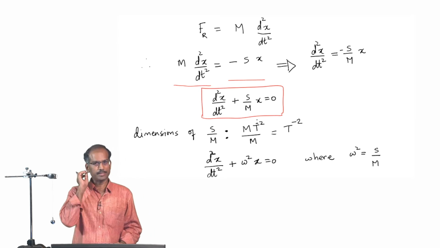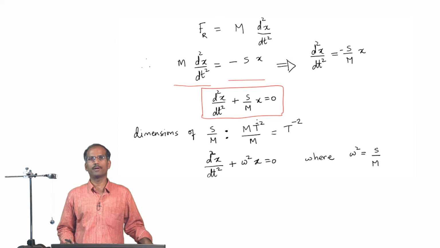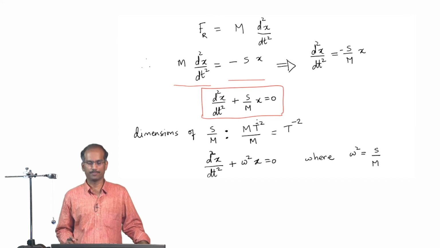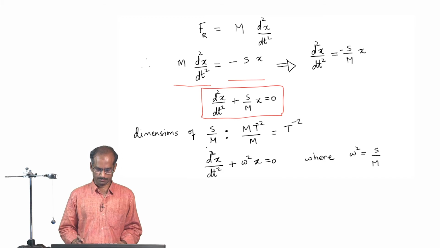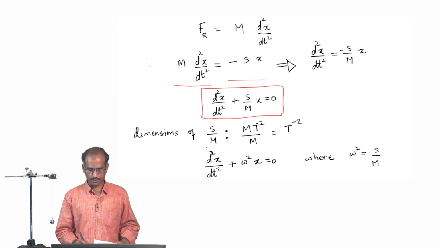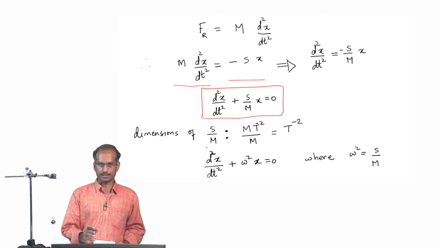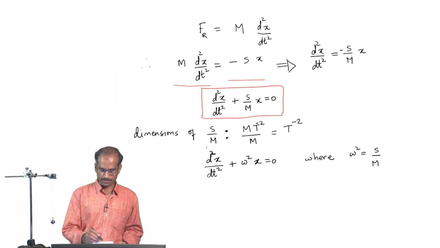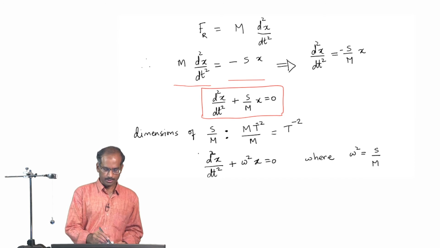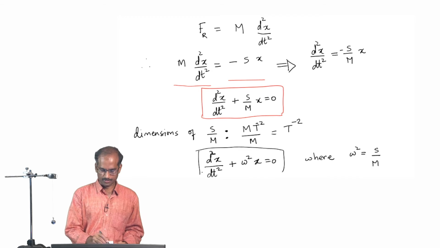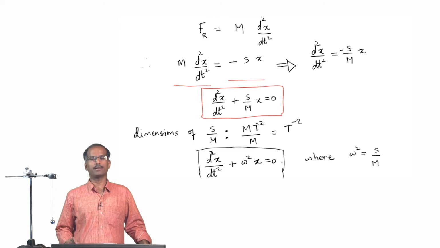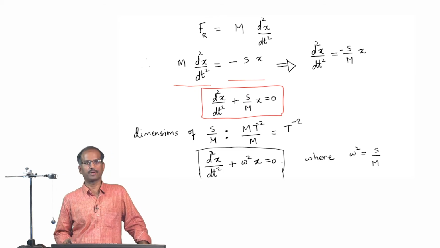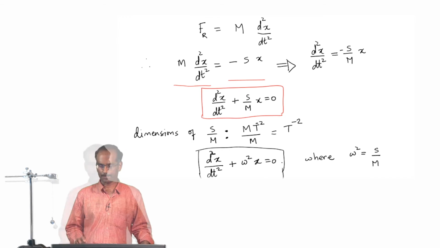So, the quantity S by m has dimensions of 1 by time square. Somewhere, this quantity S by m is related to the time scale in the system. We will see what that time scale is, and to make it easier, let us rewrite this equation as d square x by dt square plus omega square x equal to 0, where I identify omega square to be S by m.